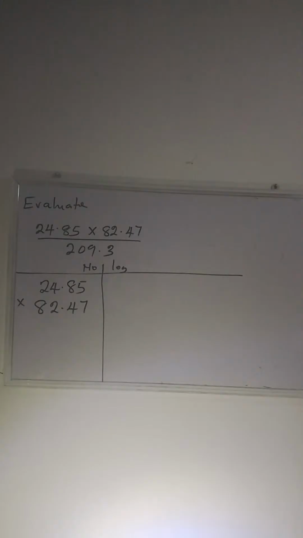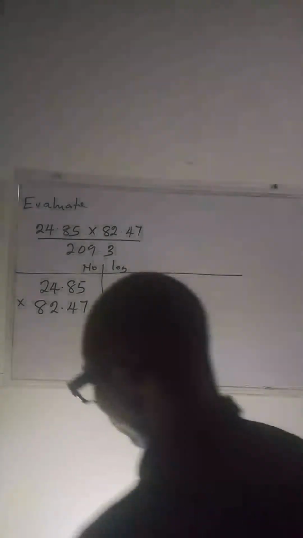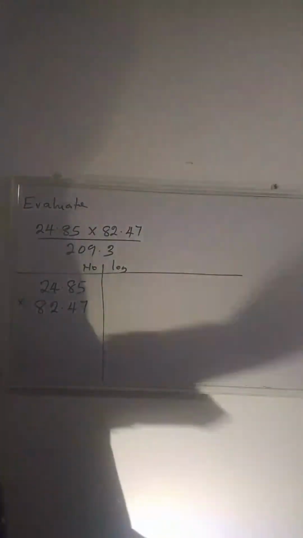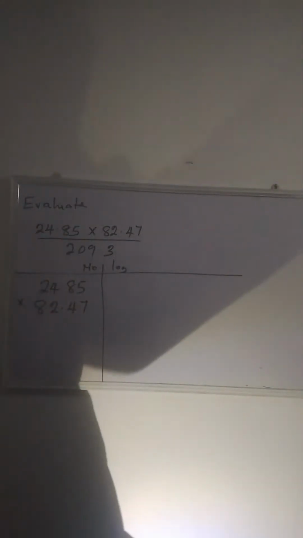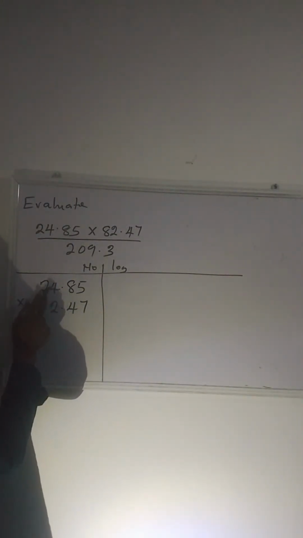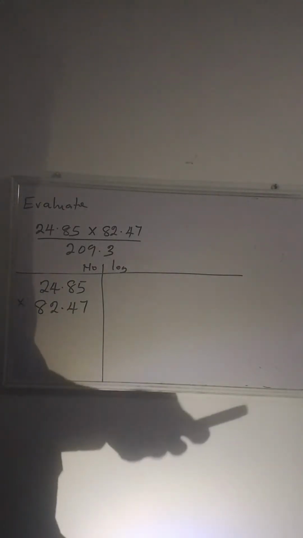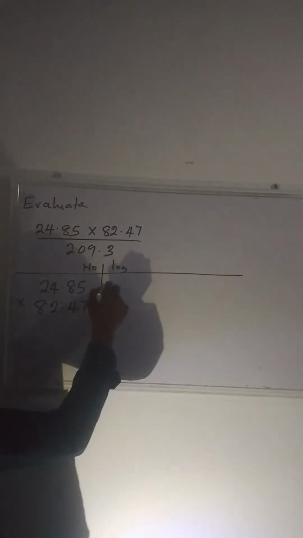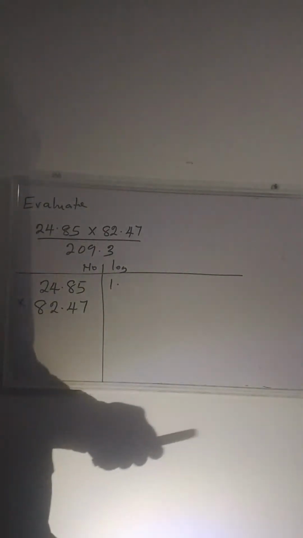Okay, we're on the same page now. So everybody has gotten it, because I explained the last time that the characteristic is the number of times we move the point to make it standard form. So that's going to be 1.